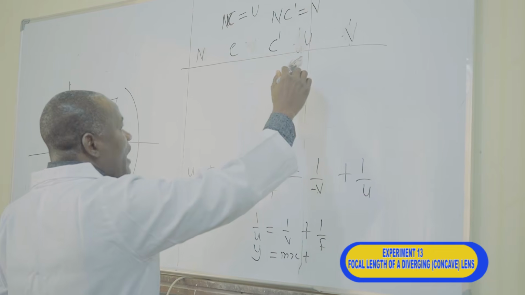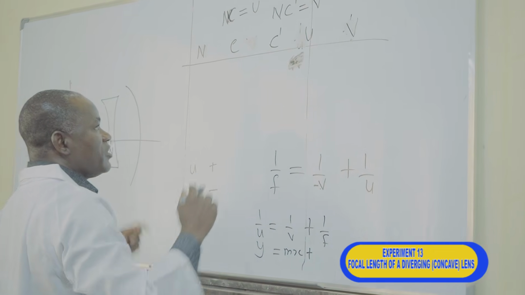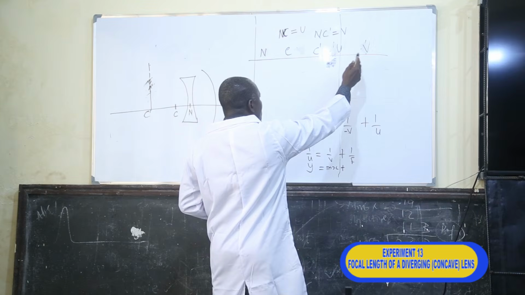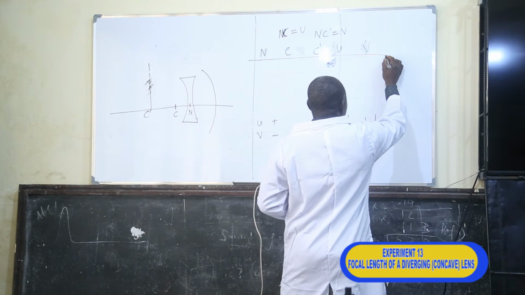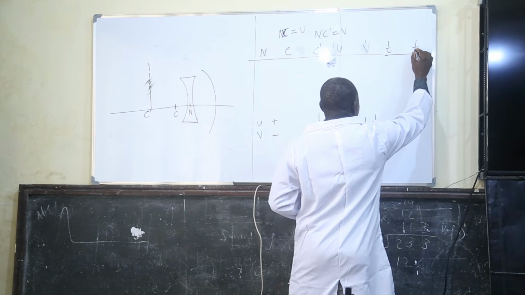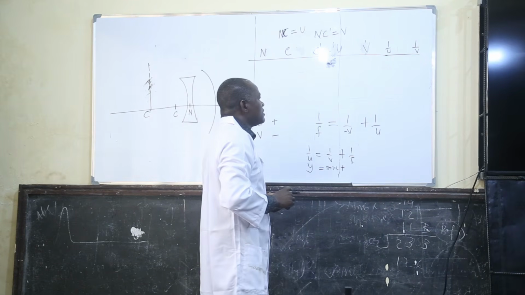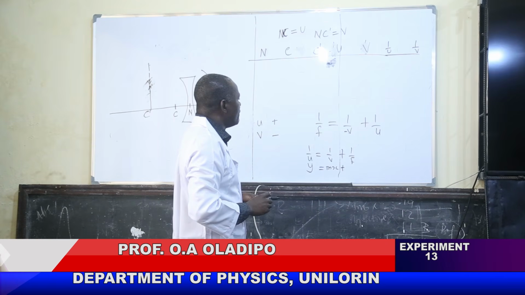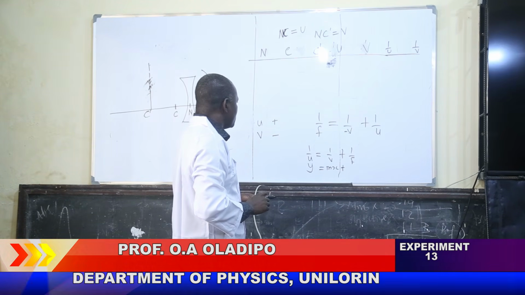So that the moment I have this, for the first set of values, I can directly calculate U and V, and then I can also calculate 1 over U, and then 1 over V. Please remember that for this arrangement, U is positive, and then V is negative.